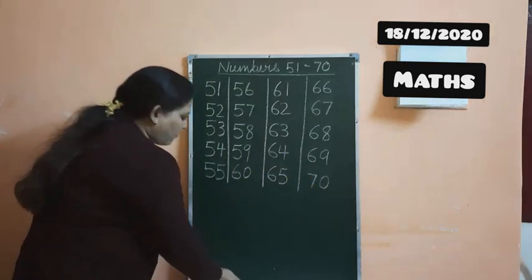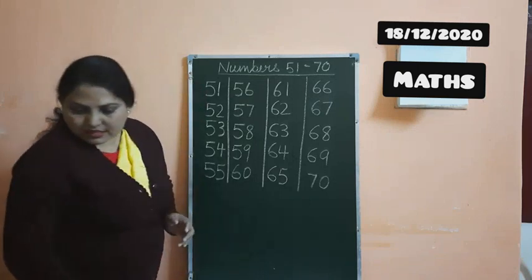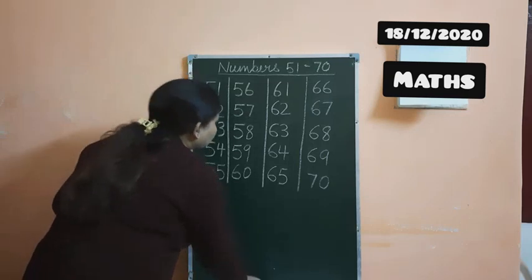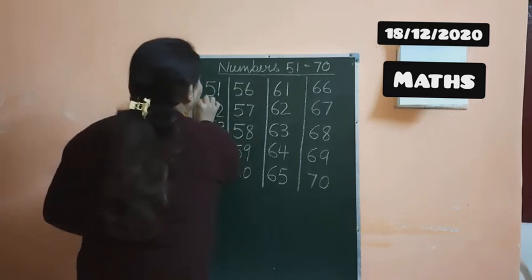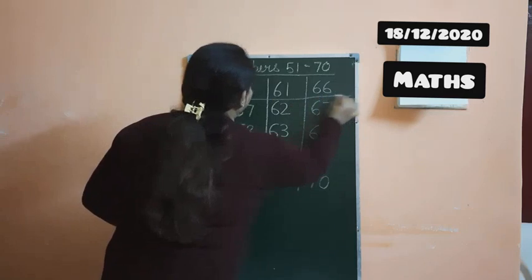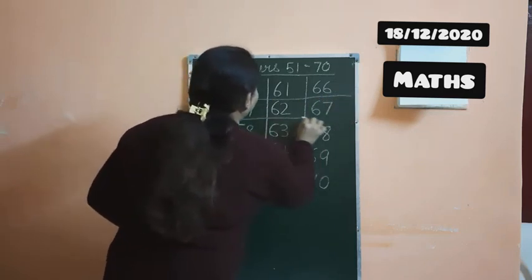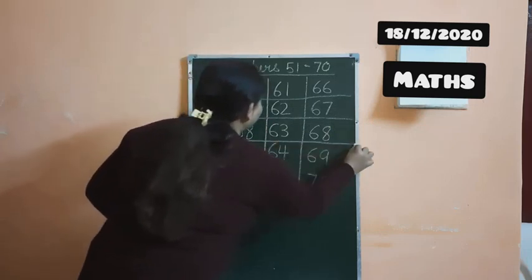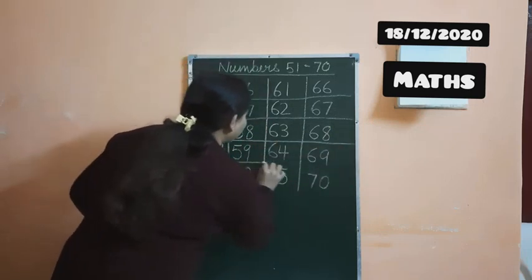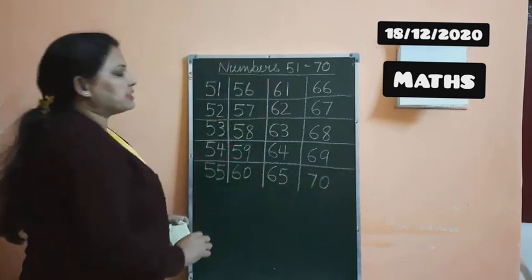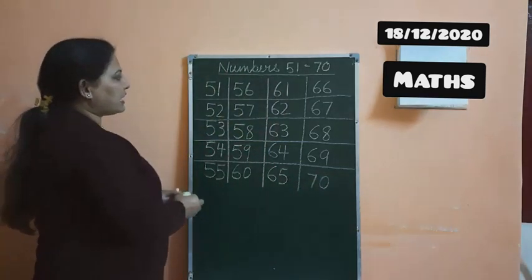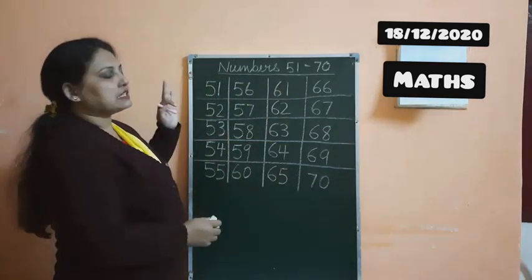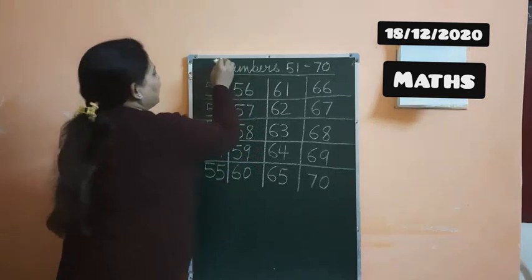Okay children, now what will we do? We will do one activity from these numbers. Now I will erase some numbers, and you have to fill in the missing numbers.